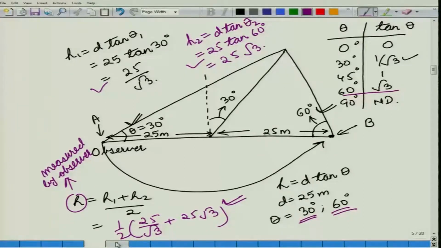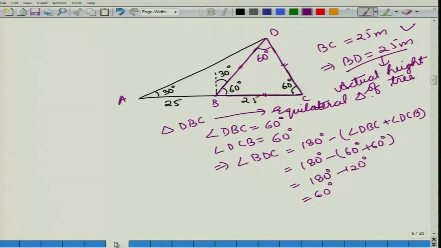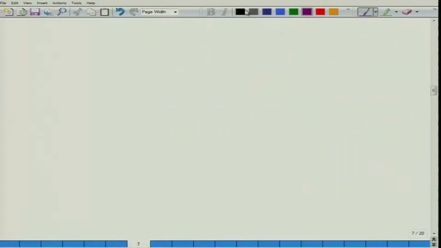So, what the logger had measured was this, and what we have received here is 25 meters. Now, this happened to be an easy question because we had both these angles to be 60 degrees, but what if these angles were not 60 degrees? How would you figure out the height of the tree? So, now let us draw another diagram.